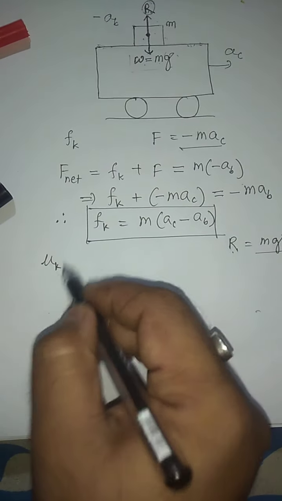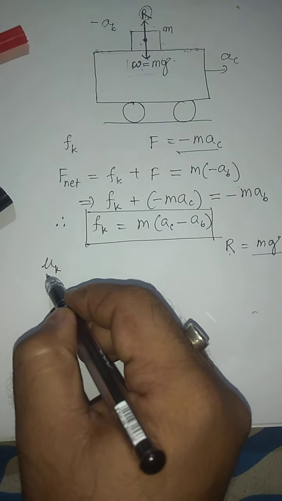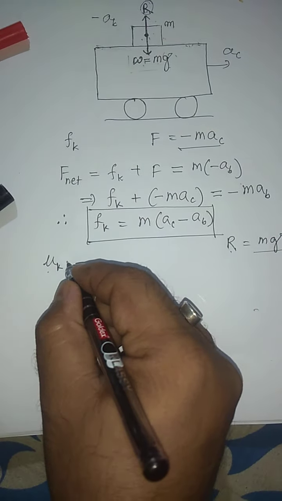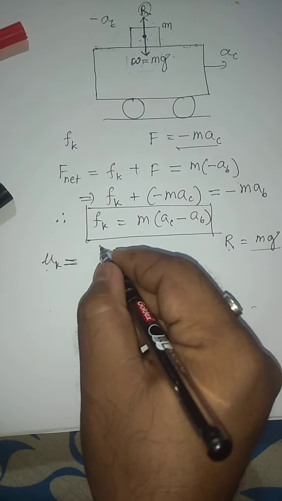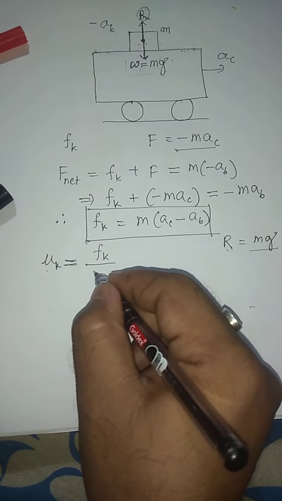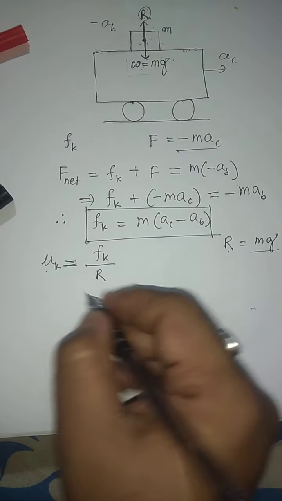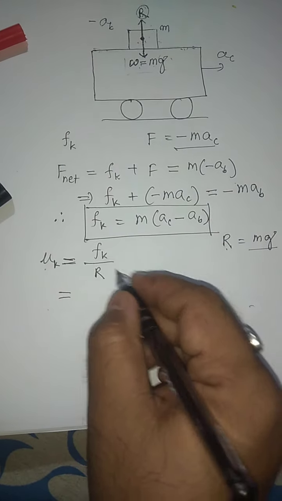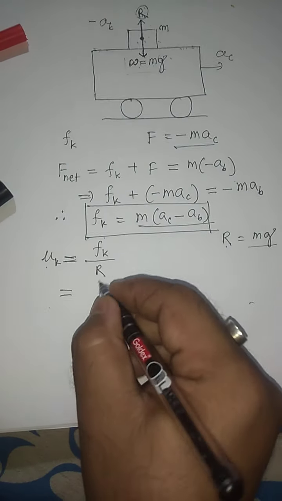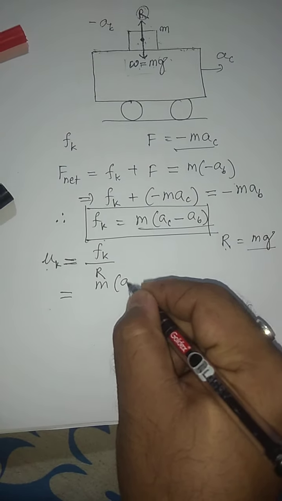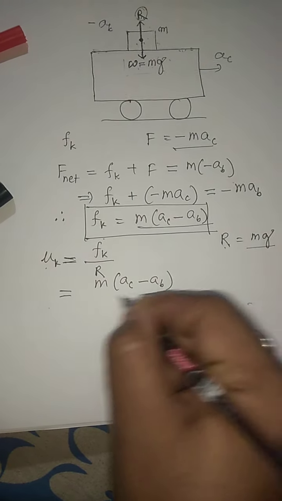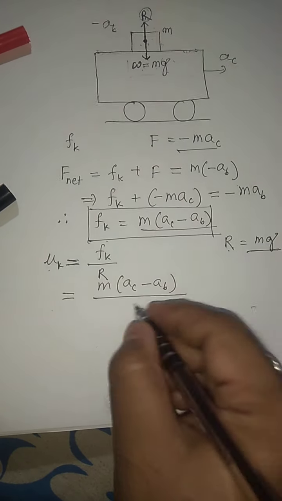Therefore, the coefficient of kinetic friction between the block and the surface of the cart is equal to the force of kinetic friction divided by the normal reaction, or mu k is equal to Fk. In place of Fk, we write this expression, m multiplied by (AC minus AB), divided by mg.